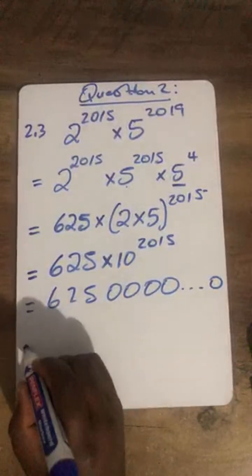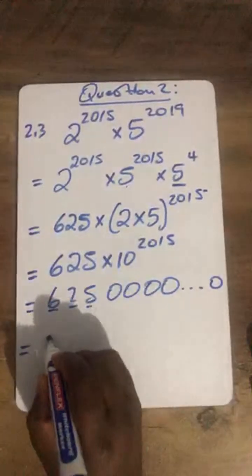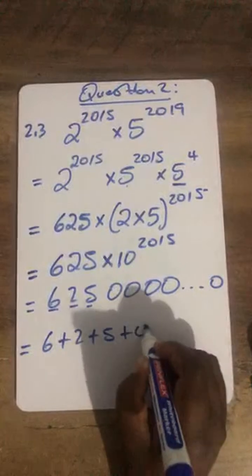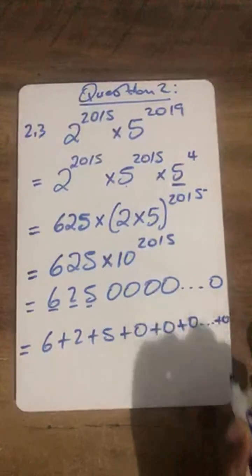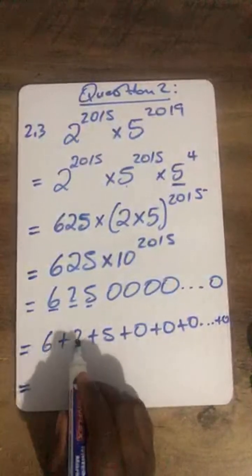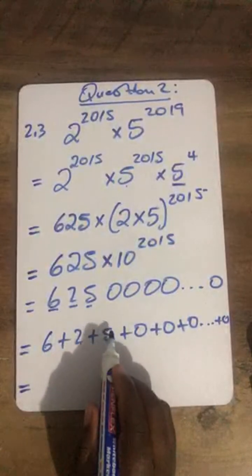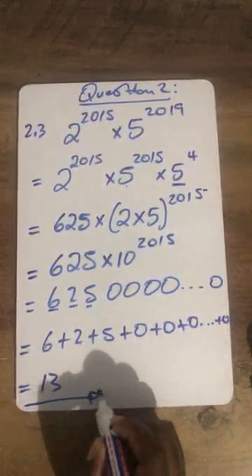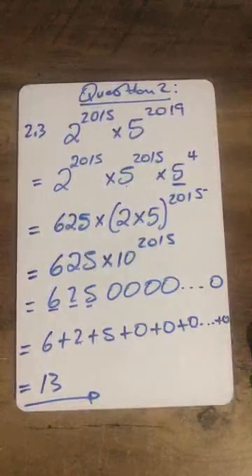It means you just add that to that to those zeros. So it's 6 plus 2 plus 5 plus those zeros, up to infinity. So obviously 6 plus 2 plus 5 is 13. Even if you add those zeros, they are not going to make any difference.